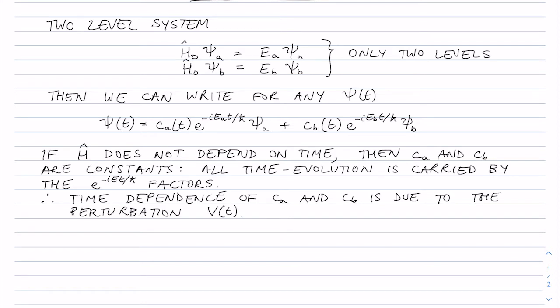So now we posit that there is a time-dependent perturbation, V of t, and that is what's going to drive the time dependence of CA and CB.